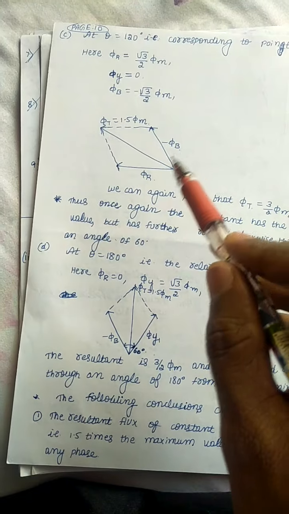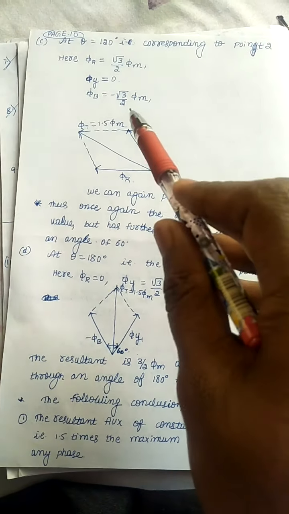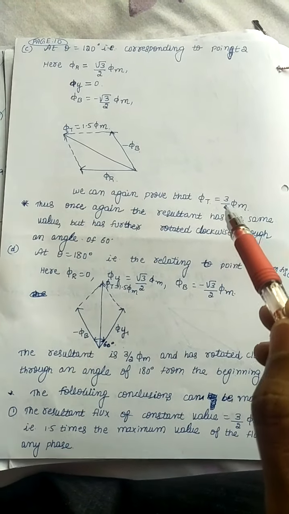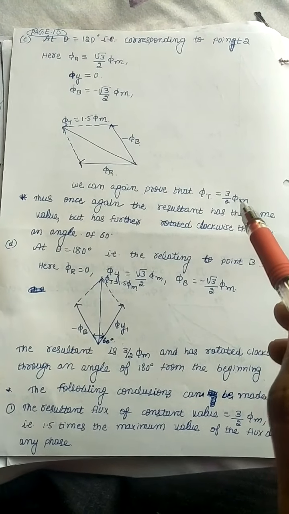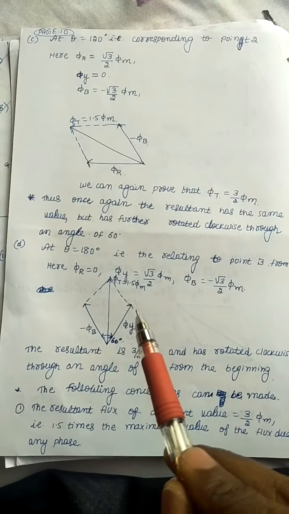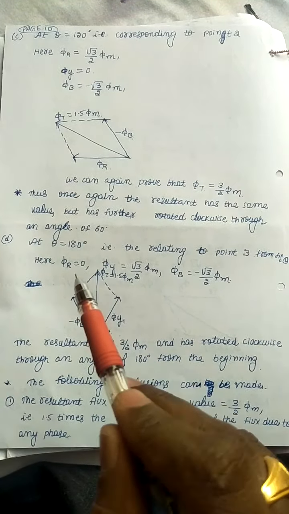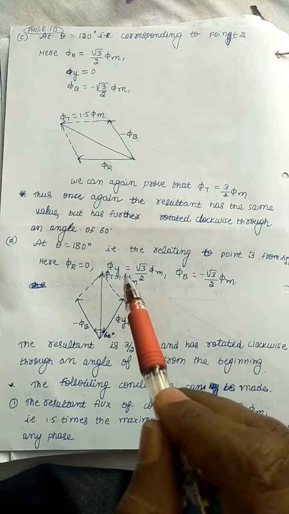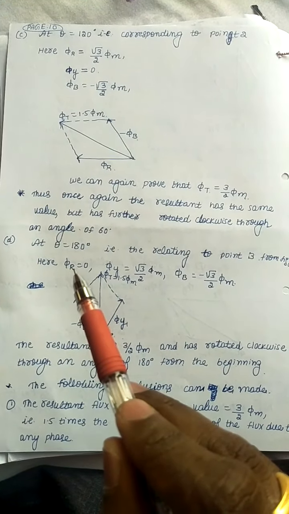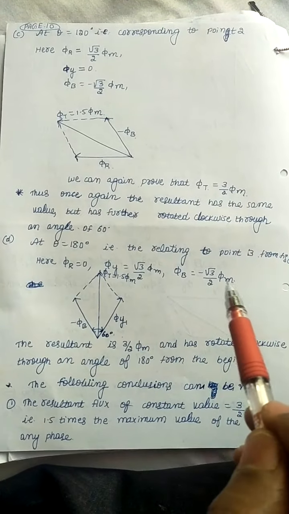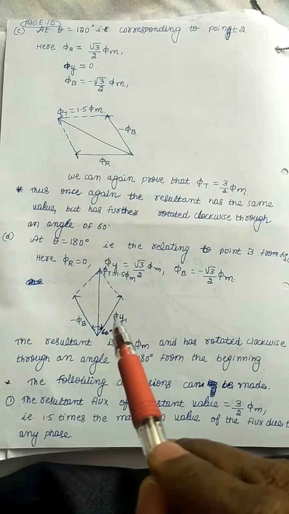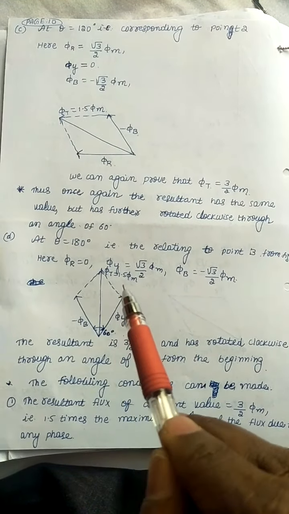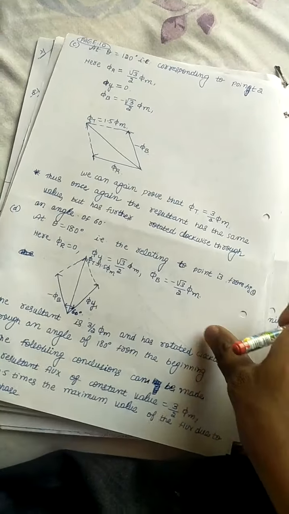R and B are to be considered, so you will get the resultant flux as 3 by 2 phi m. Then at theta equal to 180 degrees, phi R is 0. Y and B are root 3 by 2 and minus root 3 by 2. If you simplify it, the resultant vector is 1.5 phi m.